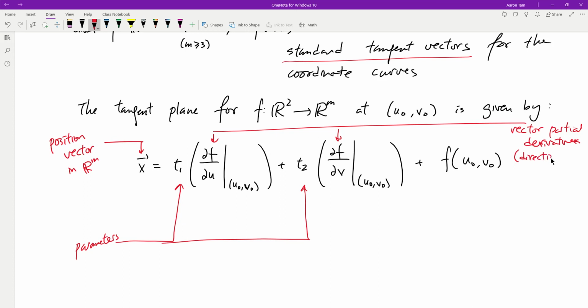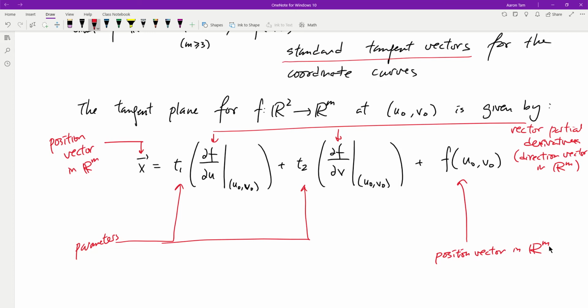Okay, they are our direction vectors in Rm. And what is f of uv? That would be our position vector, which is in Rm also.